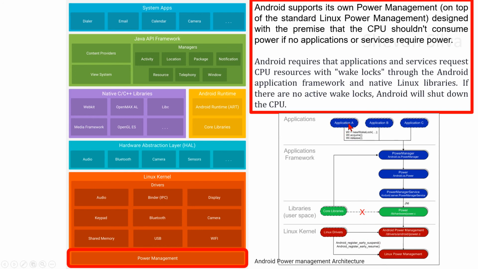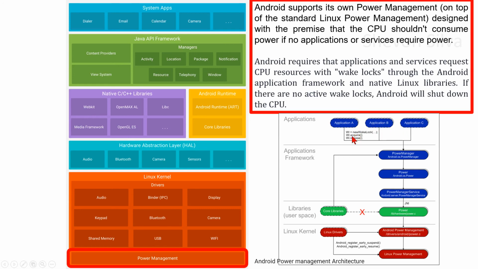Here application A, application B, application C is there, and wake locks are used by applications and services to represent CPU resources. A locked wake lock, depending on its type, prevents the system from entering suspend or other low power states.